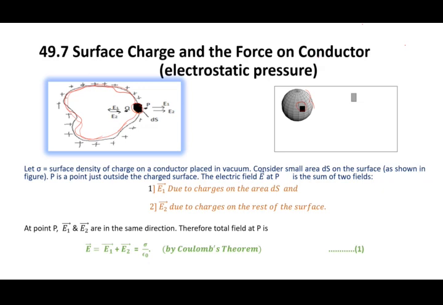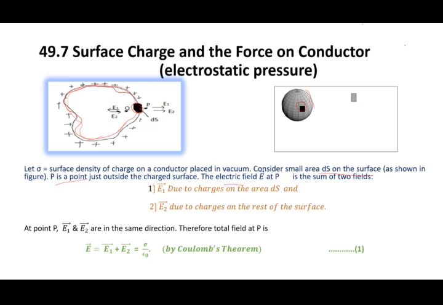Let sigma be the surface charge density on a conductor placed in vacuum. Consider small area ds. Sigma is the charge density at this point where ds is present. Small area ds on the surface as shown in the figure. P is the point just outside, not on the surface.